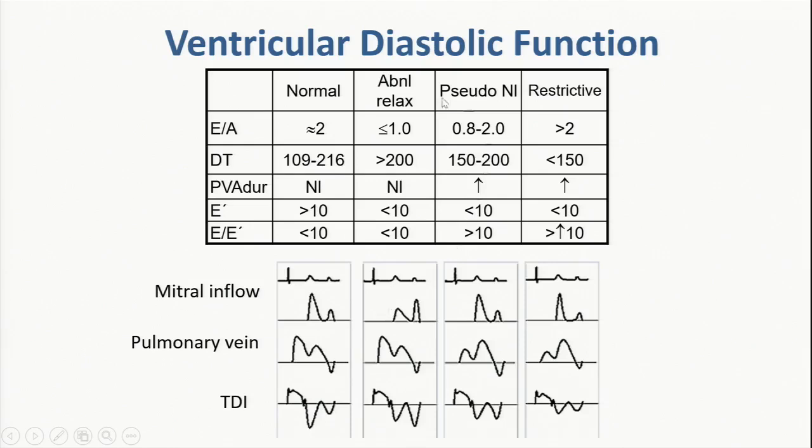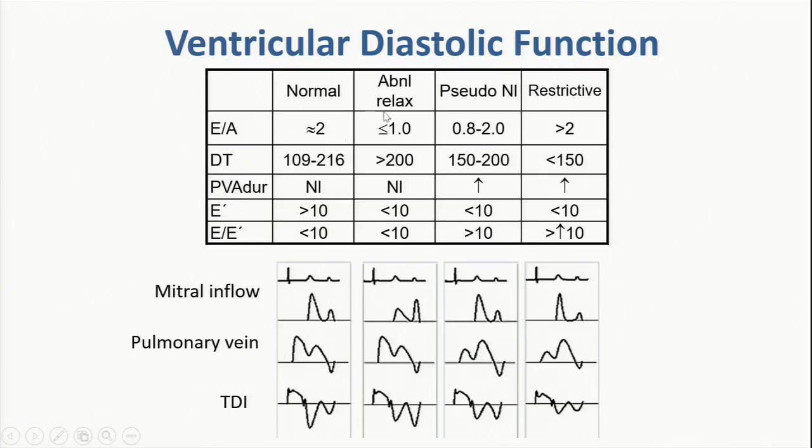And then, as I mentioned earlier, often, or at least according to this paradigm, one of the first things to go abnormal when you're developing diastolic dysfunction is abnormal relaxation. So that's that active process where the ventricle needs to go from systole and start relaxing into diastole.